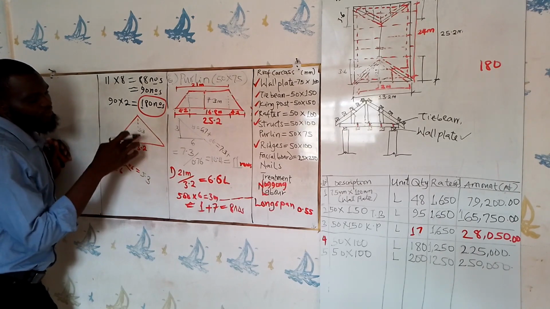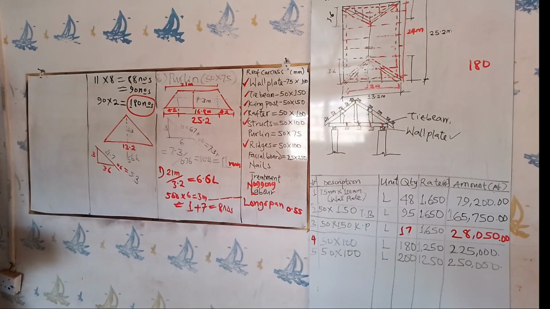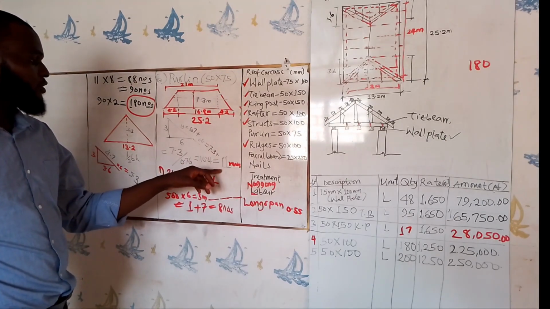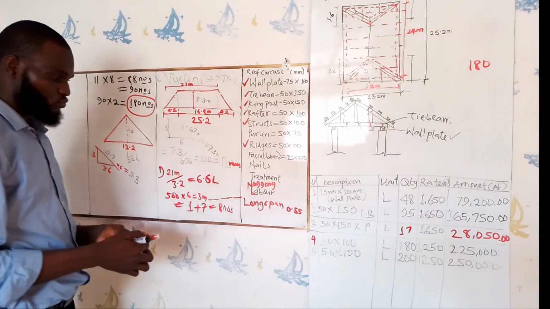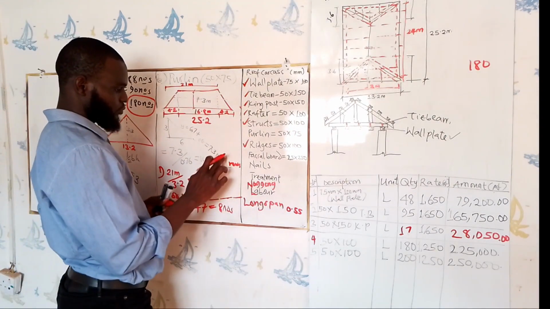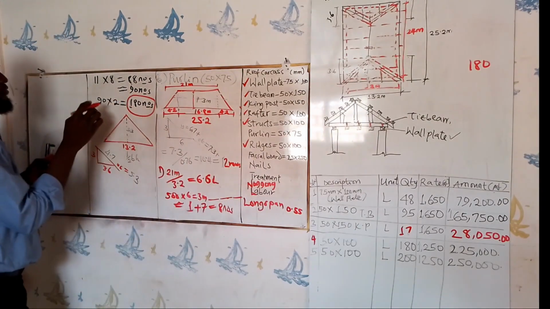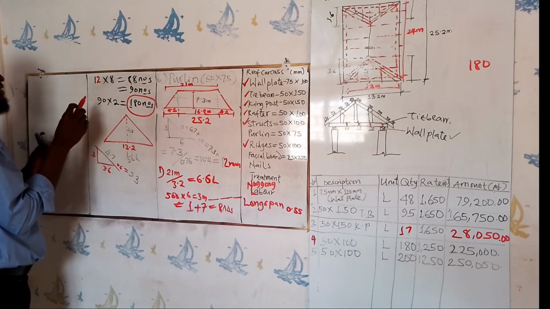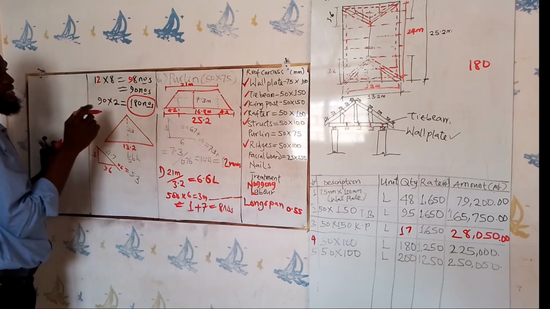And this is the number of rows that we need. Even here, the number of rows has to be 12 plus 1. It has to be plus 1. So this should be 12. 12 times 8 is 96.